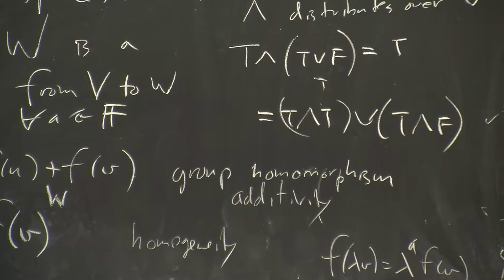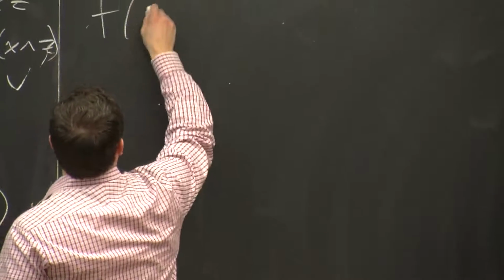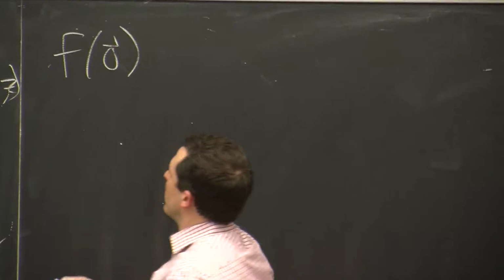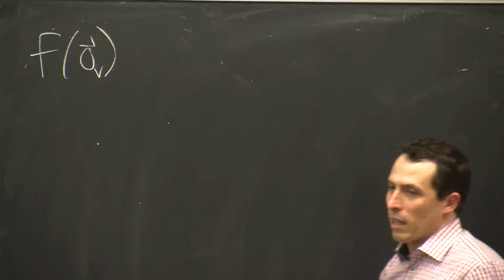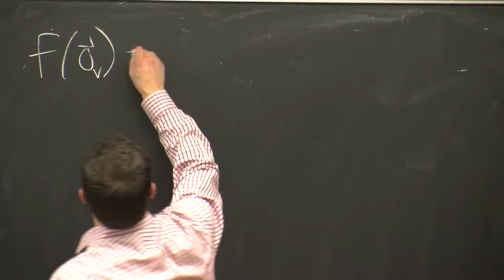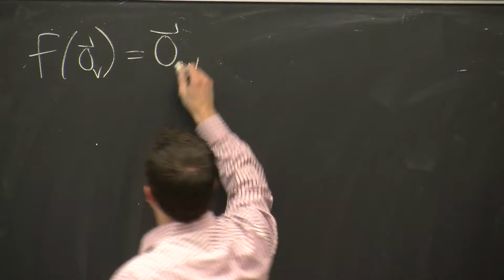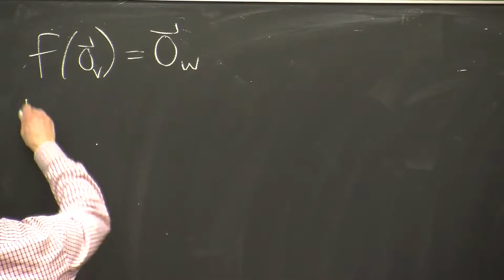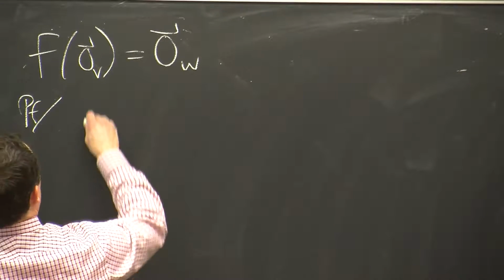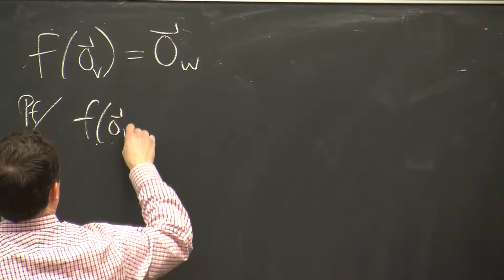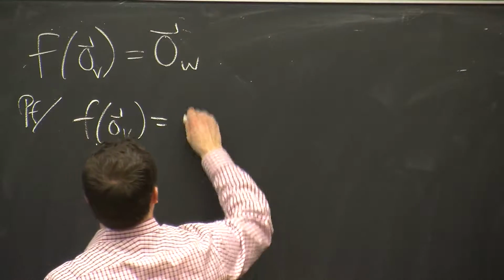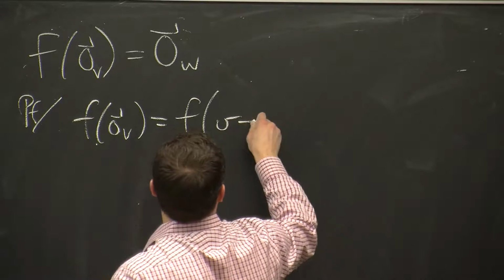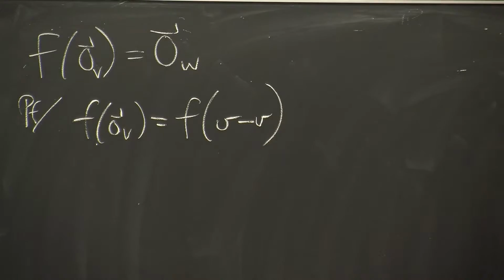Let's make some observations. First of all, I claim that if I take a 0 vector in V and I apply F to it, I get a 0 vector in W. And you can prove that just given these properties by doing something like f of the 0 vector in V is equal to f of, for any vector V, V minus V, because that's equal to 0.